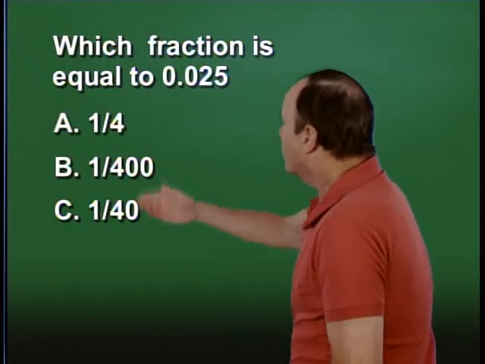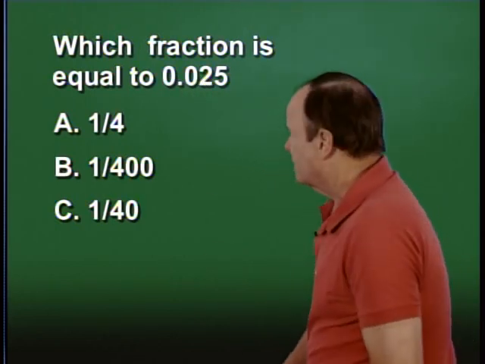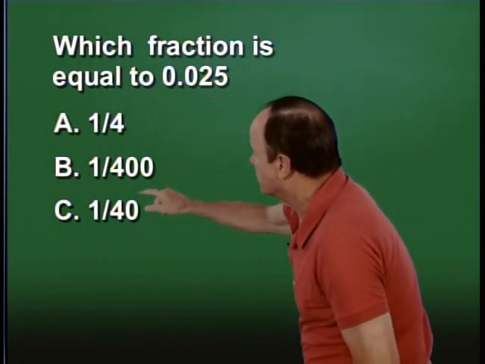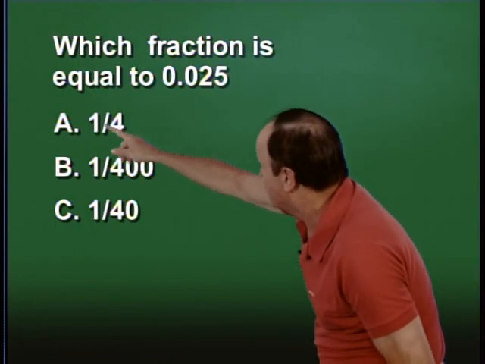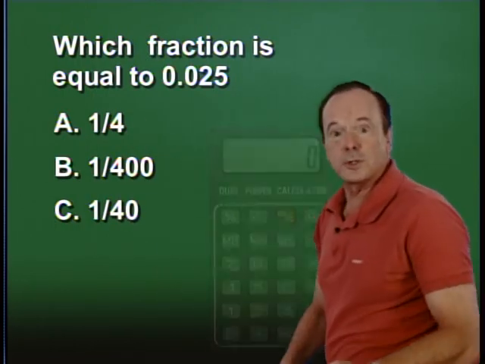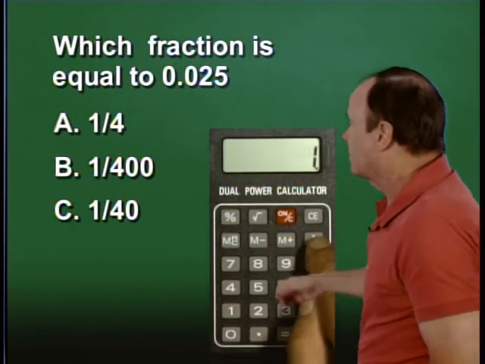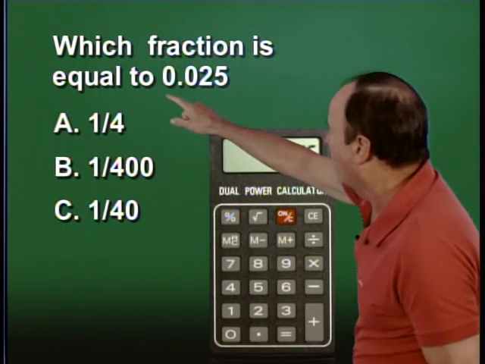Here they say which fraction is equal to 0.025. So what they've done in this case is they've given you a decimal and they ask you which of these fractions is equal to that decimal. Well, it's pretty easy. You can use your calculator and just do exactly what it says to do. For instance, let's take a look at A here. It says 1 divided by 4. That's what that fraction tells you. So you use your calculator and do 1 divided by 4 and you get 0.25.